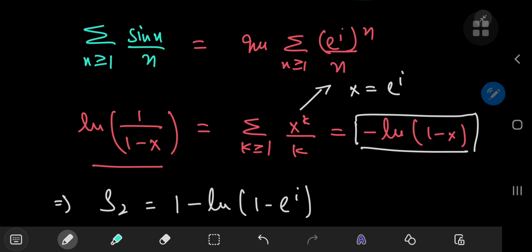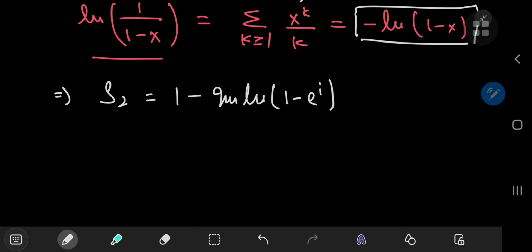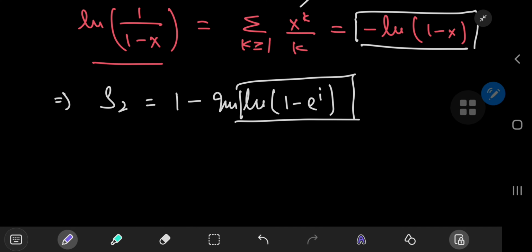And we need the imaginary part of this, right? So we need the imaginary part of the logarithm of 1 minus e to the i. Okay, cool. So how exactly are we going to separate this logarithmic term into real and imaginary parts? Well, if you guessed polar forms of complex numbers, then you're right.